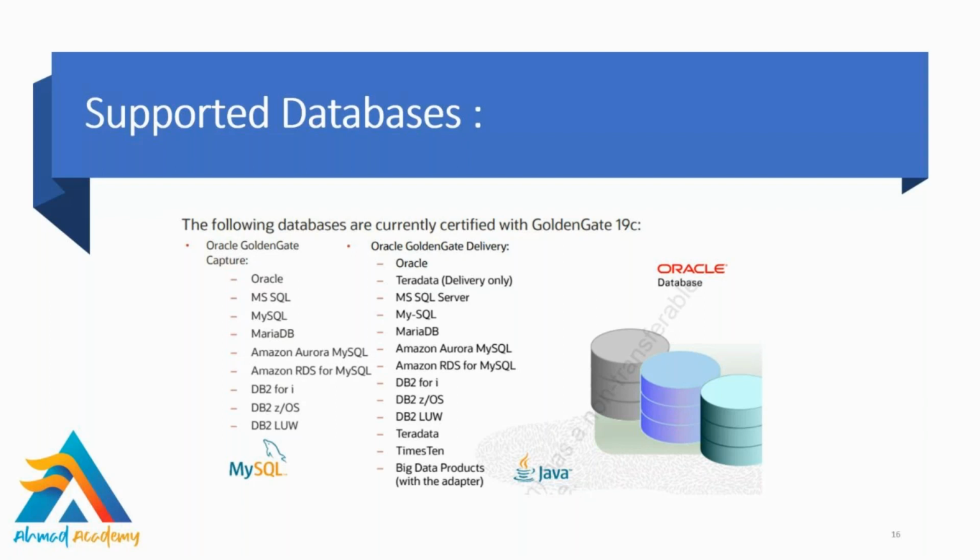Other systems are supported for delivery when using the flat file adapter, application adapter for Java, and GoldenGate for Big Data, like Netezza and Greenplum systems when using the flat file adapter. Not all databases are supported on all versions of Oracle GoldenGate. So before doing this, always check the latest certification matrix.